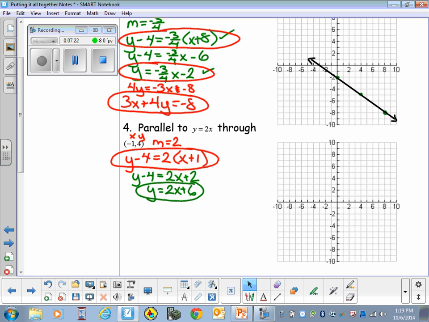Now for standard form, all I need to do is move the x over. Negative 2x plus y equals 6. Alrighty, positive 6, up 2 to the right 1, using my straight edge, and making sure my arrowheads are on.